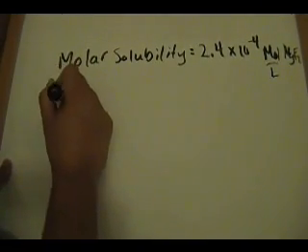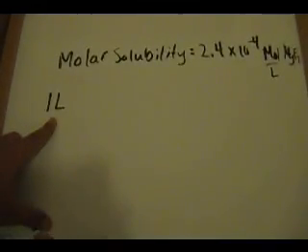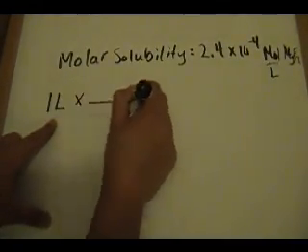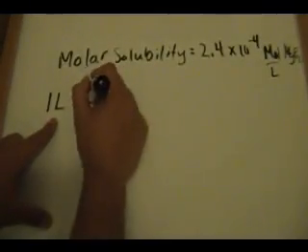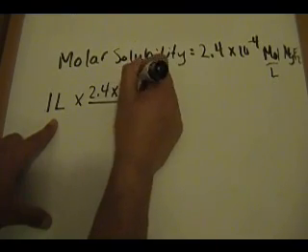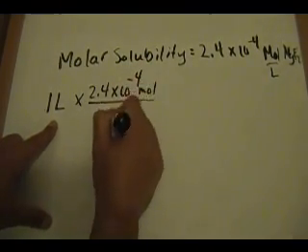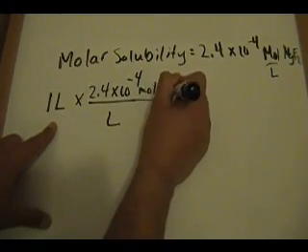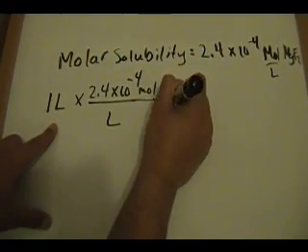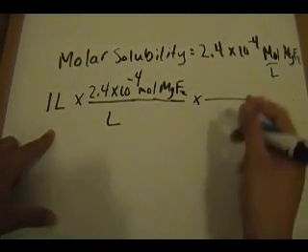That's what we're trying to determine. We start off with 1 liter, and we multiply it by the molar solubility, which is 2.4 times 10 to the negative 4 moles per liter of magnesium fluoride. Then we multiply that by the molar mass.